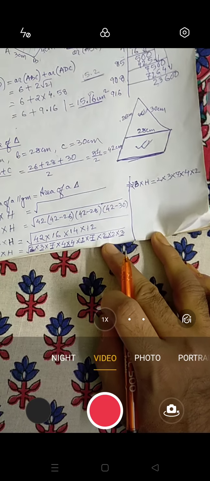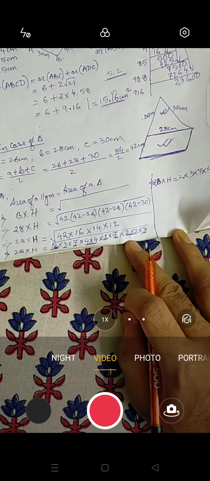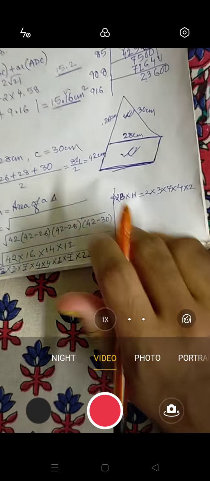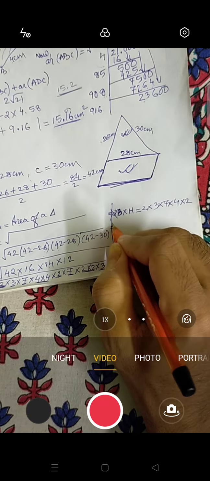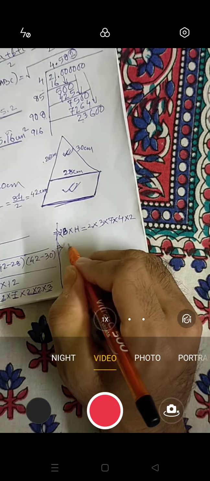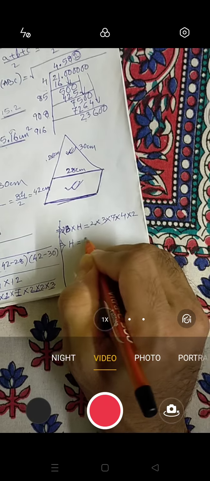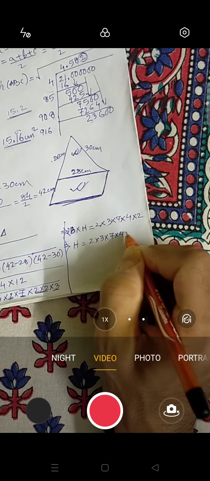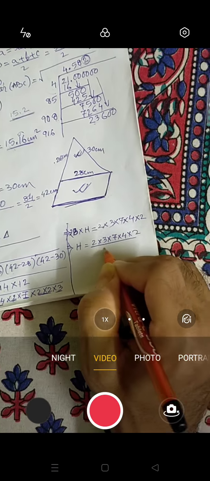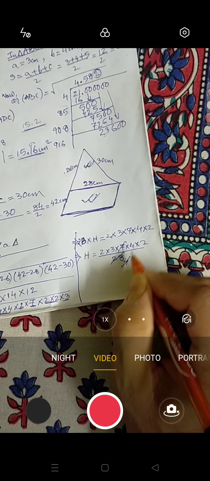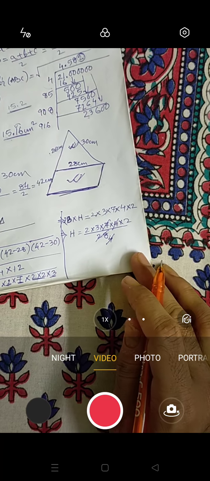You can do general calculation on your own also, no problem. Now I will write this one. No need to multiply this, it will simply make your number big. So H is equal to 2 into 3 into 7 into 4 into 2 by 28. 7 ones are 7, 7 fours are 28, 4 ones are 4, 4 fours are 16, that's all.